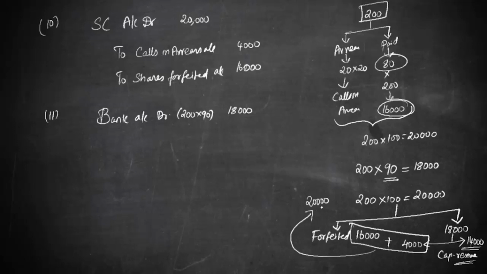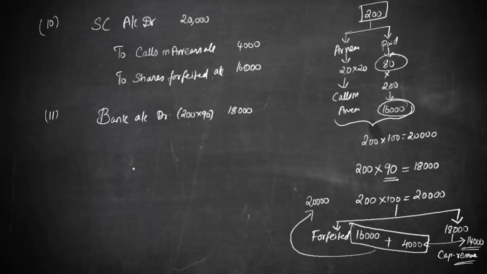How is it going back to 20,000? Because already you had money of 16,000 in the name of forfeited shares, and another 4,000 had come in the form of a new issue. It means you want to credit your share capital by 20,000.